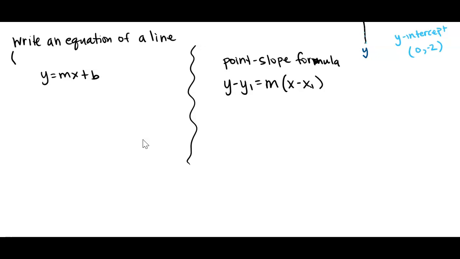All right, so let's do: write an equation of a line that is going through the point (2, 5) and is perpendicular to this equation, x minus 2y equals 3.